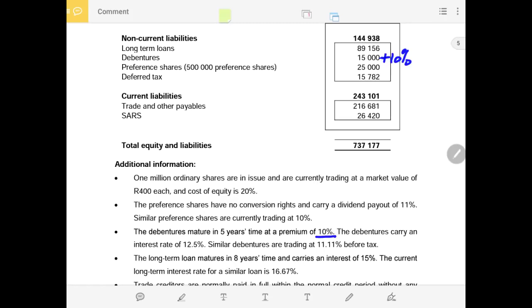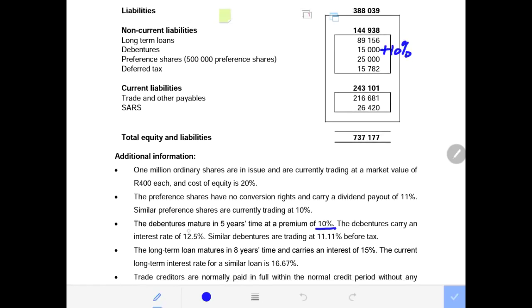So now we know that the company will pay a PMT to the debenture holders at the rate given as 12.5%, because they agreed to pay this interest to the debenture holders at the end of every year. The debentures carry an interest of 12.5%.